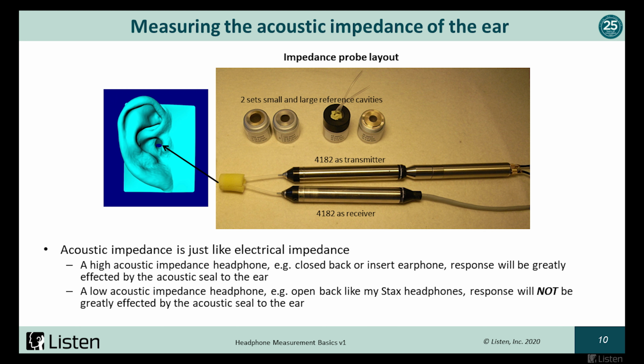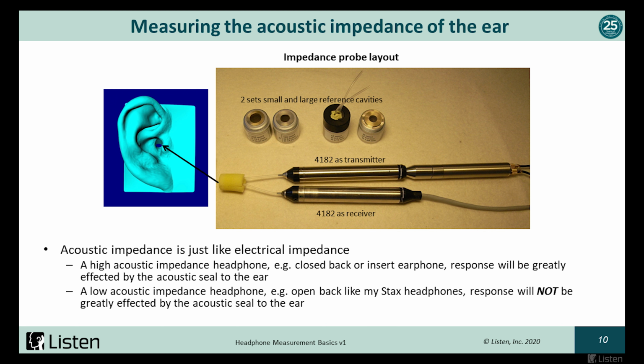So this is why it's really important to use an ear simulator that represents the real acoustic load of a typical human ear.